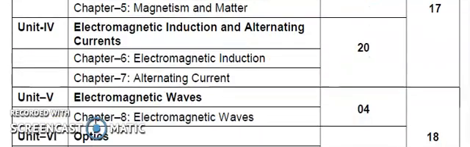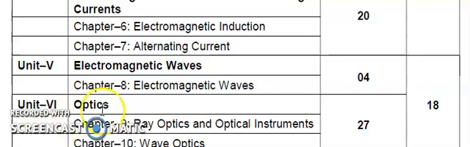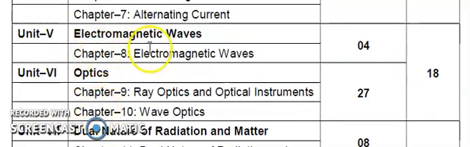Okay. Next, unit 5 consists of only one chapter, that is electromagnetic wave. Very important chapter. Okay. Last year, I am talking about the session 2019-20, very less weightage was given to this chapter, but this is a very important chapter, and this chapter is all about the accelerated charge.